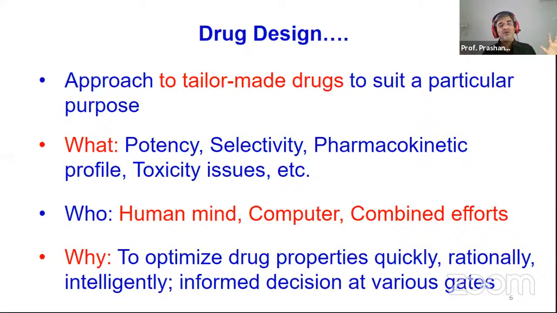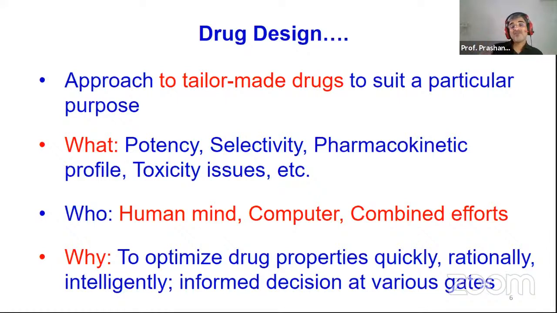It will give you a selection of, say, 100 molecules from a possible 10,000 molecules. If you end up making 10,000 molecules, it will take a few years, probably a year or so, and at the end of it you will still arrive at those top 10 molecules. But here, the drug design technology will suggest 100 molecules, and again you will still be able to get those top 10 molecules from that set of 100.